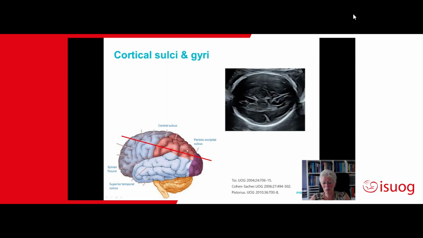If we have this plane a little bit higher inside the fetal head, we can see this sulcus, which is the central sulcus over here. And then we have this sulcus over here, which is the parieto-occipital sulcus.